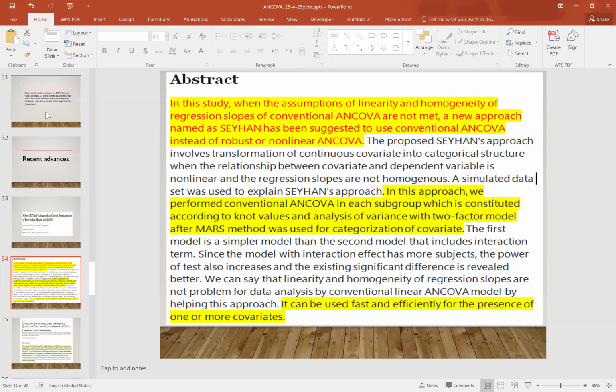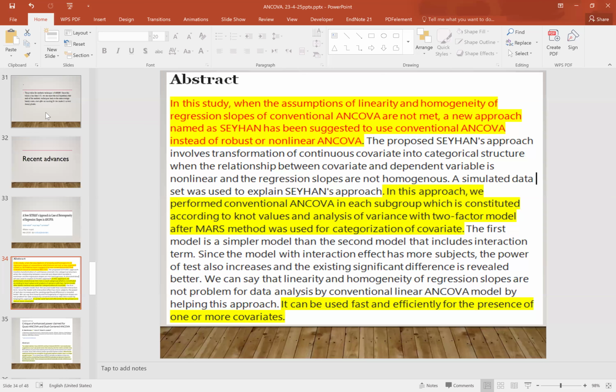Since the model with the interaction effect has more subjects, the power of the test also increases. The existing significant difference is revealed better. We can say linearity and homogeneity of regression slopes are no longer problems for data analysis by the conventional linear ANCOVA model. By applying this approach, it can be used quickly and efficiently for the presence of one or more covariates.